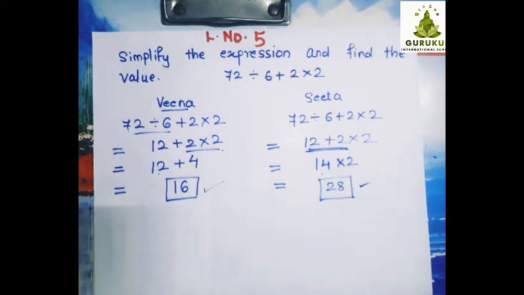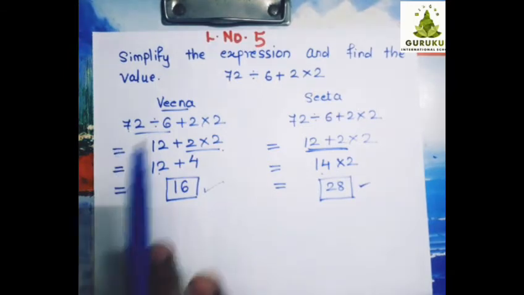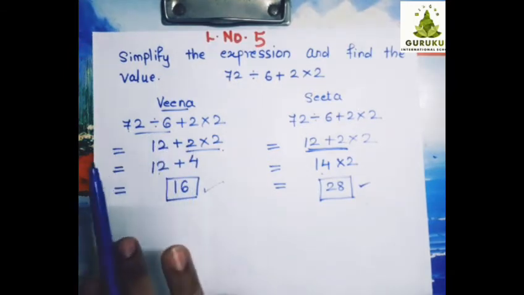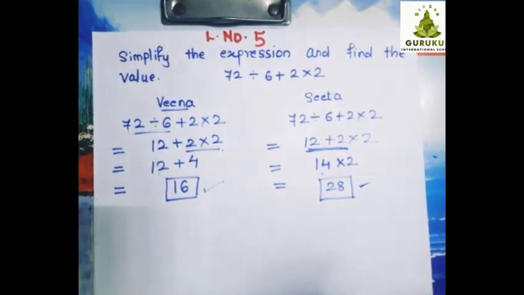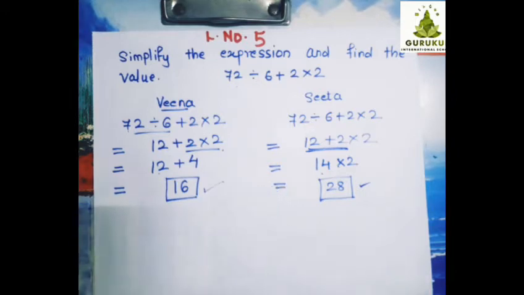I repeat: first solve the bracket, then if more than one operation is present, multiplication and division are carried out first in the order in which they occur from left to right. Then go for addition and subtraction based on the order in which they occur from left to right.